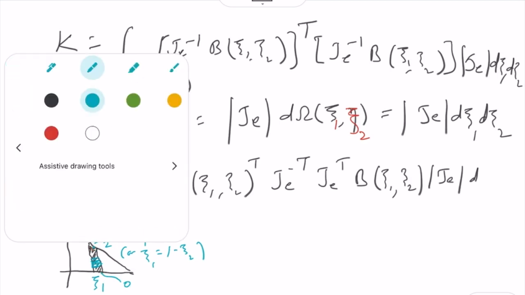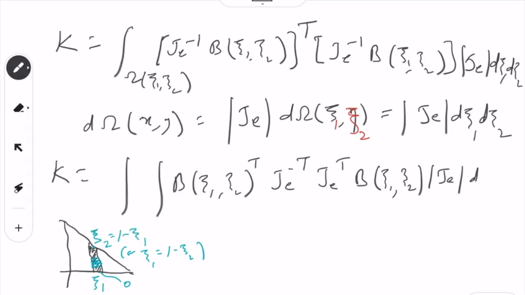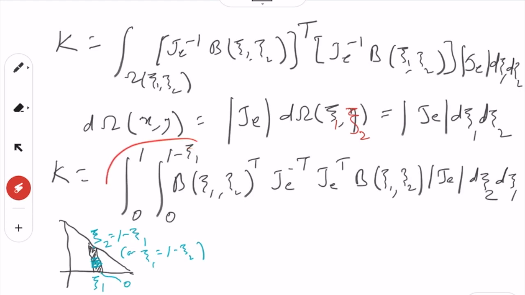So, you write d xi 2, going from 0 to 1 minus xi 1, and then you integrate d xi 1, going from 0 to 1. That is what you are going to do. So, you have to be careful while integrating. If you are going to integrate using a rectangular system like the way we are doing, you have to do it like this.